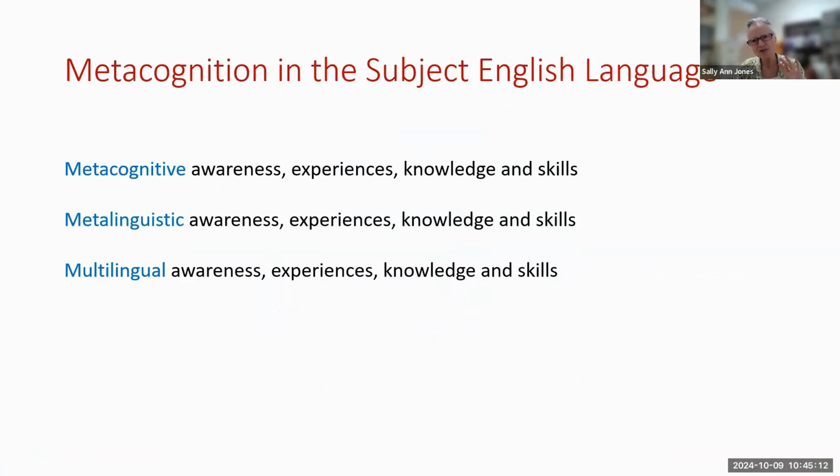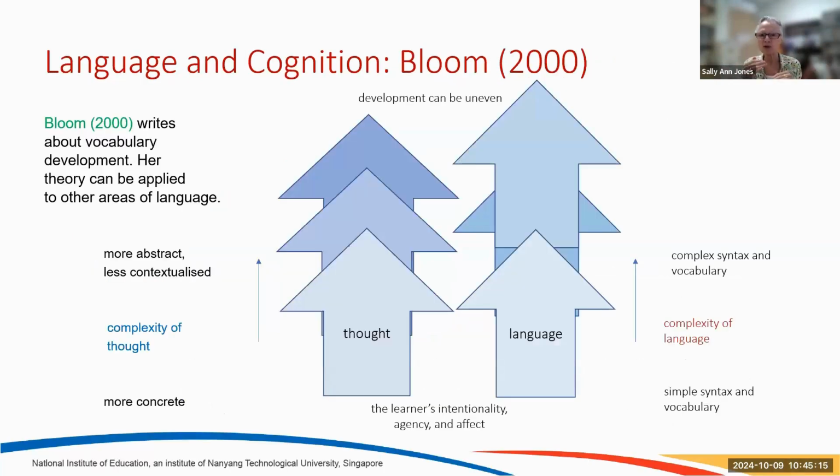And to add to Vygotsky, I want to draw your attention to Bloom. And this diagram shows you how, as thinking becomes more complex, so language needs to become more complex.